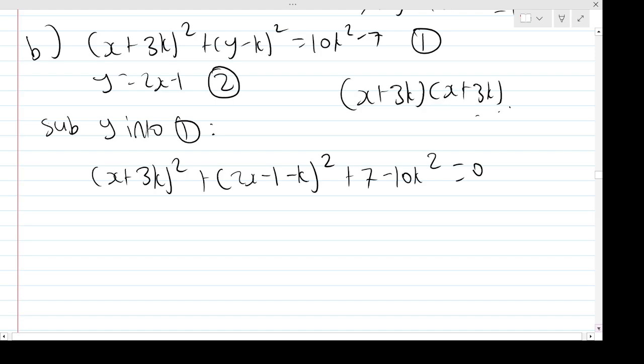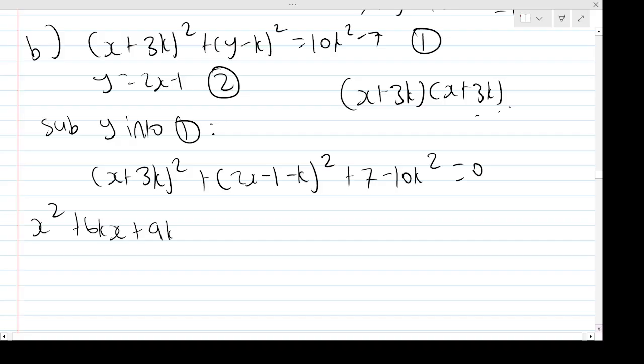But this one I at least can expand as it is. So firstly, x times x gets x squared. Then x times 3k will be 3kx. And then another 3kx will be plus 6kx. And then we have 3k all squared.